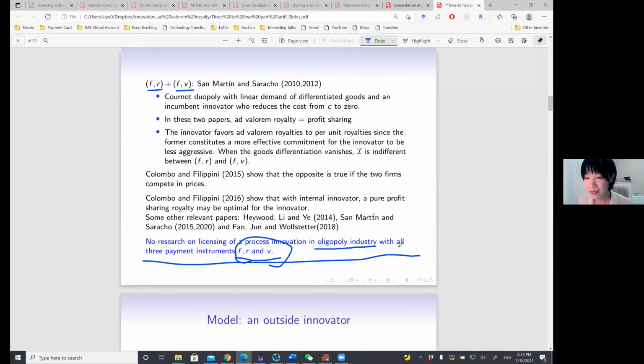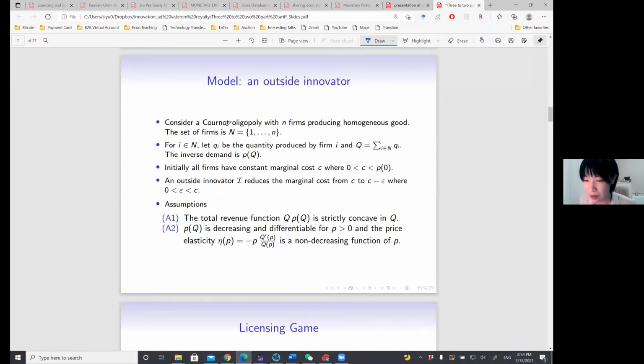So the model, we consider Cournot oligopoly, and the firms are from 1 to n. The set is denoted by capital N. The inverse demand function is P of Q, and Q is the sum of all productions. Initially, the constant marginal cost is C. If some firm adopts the technology invented by I, then the cost is reduced from C to C minus epsilon.